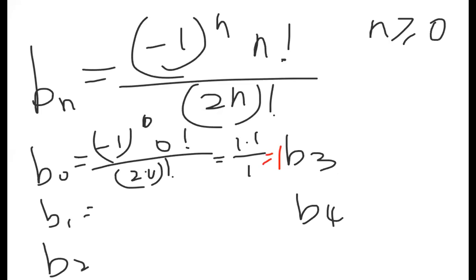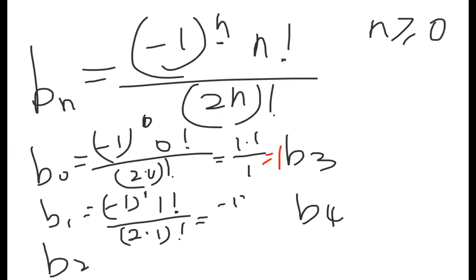B1. Now you plug in n equals 1 here. And n factorial is 1 factorial. 2n is 2 times 1, so 2 factorial. 1 factorial is 1, and 2 factorial is 2. -1 to the first power is -1. So -1 times 1 divided by 2, which is -1/2.